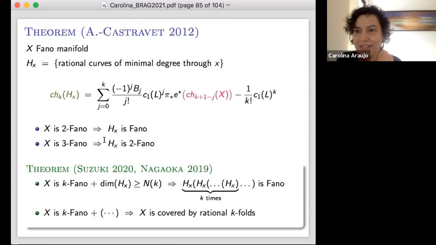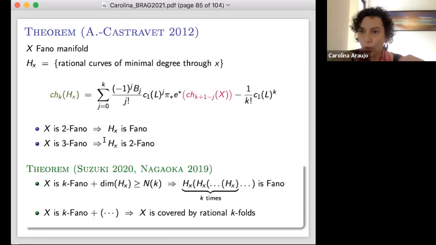So for instance, products. If X and Y are Fano, then the product X cross Y is also Fano. But for 2 Fano, it's not the same. If you take X 2 Fano and Y 2 Fano, then the product is not going to be 2 Fano.